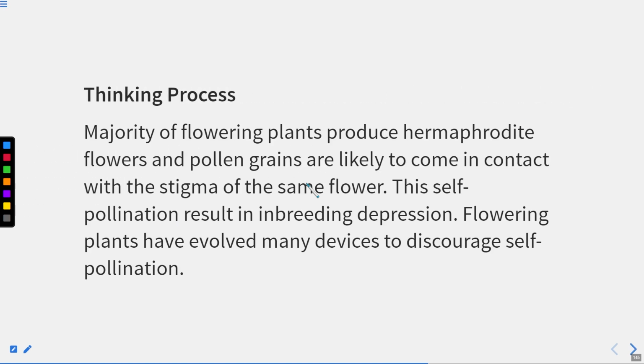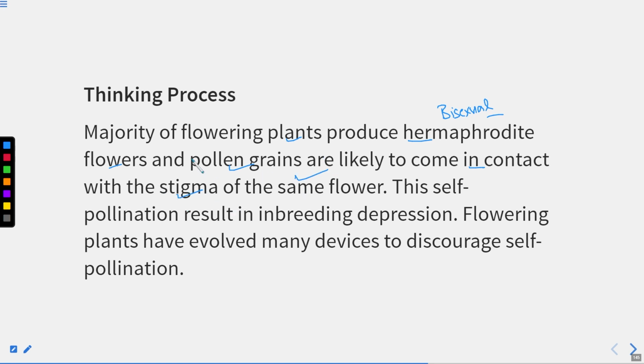Now let's talk about the thinking process. The majority of the flowering plants produce hermaphrodite flowers. What are hermaphrodite flowers? They are bisexual flowers, containing both the male and the female reproductive organs. If they are bisexual, then it is obvious that the pollen grains are likely to come in contact with the stigma of the same flower.